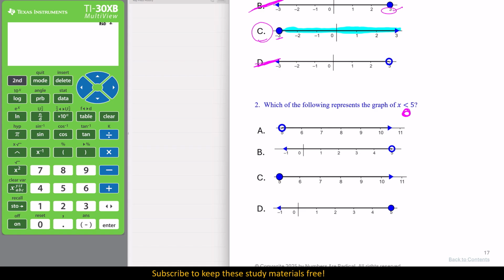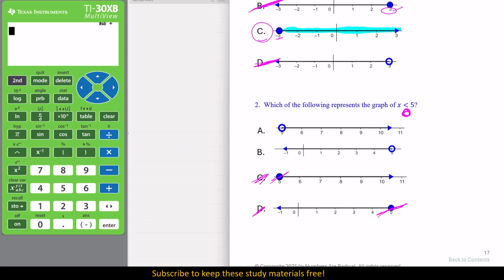Okay, so if I see a closed circle, which is on D and C, those guys aren't going to help. They will not satisfy. So now I go to the number 5. I find a positive 5. Well, A and B both have a positive 5, and they have open circles above them. Okay, so I agree with that.